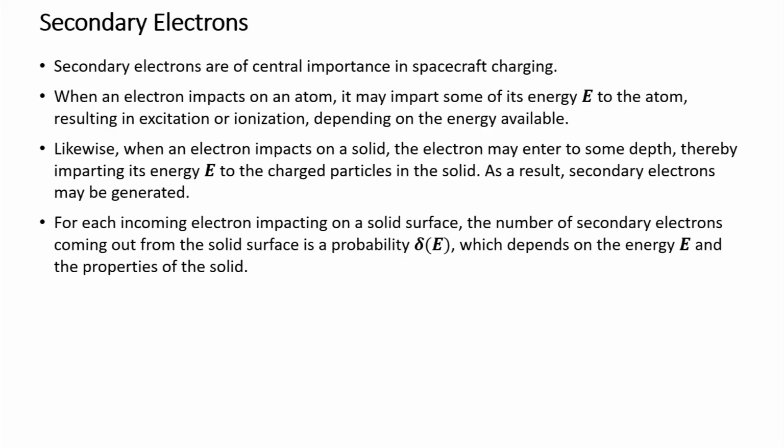For each incoming electron impacting a solid surface, the number of secondary electrons coming out of the surface is given by this probability function, delta E. The number of secondary electrons is again a random process, so it is given by this probability function, which depends on the energy E and the properties of the material, such as the work function.